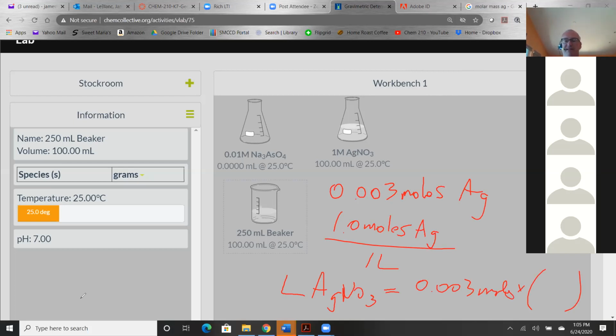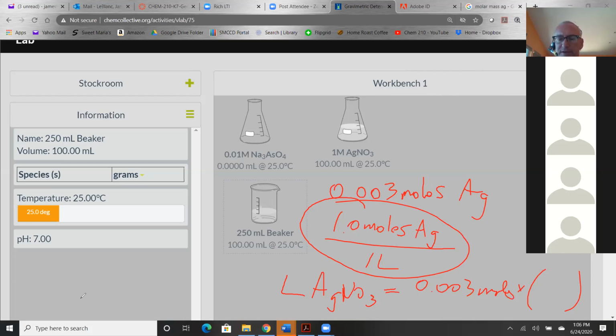I want to multiply that by something so I get liters at the end and get rid of moles. Now to do that, I'm going to use 0.001 moles over 0.1 liters.